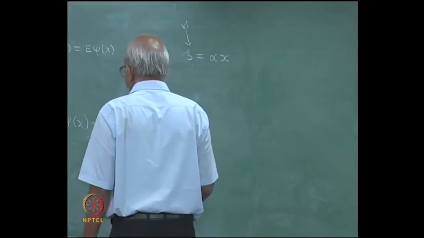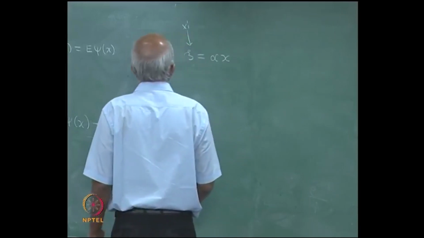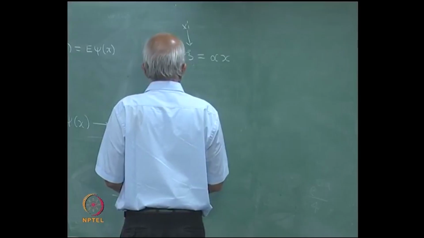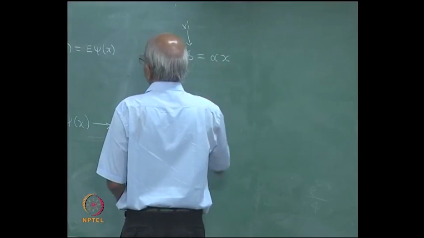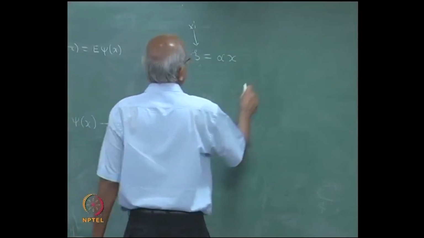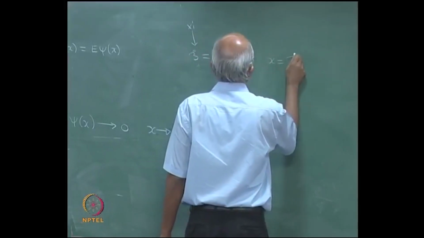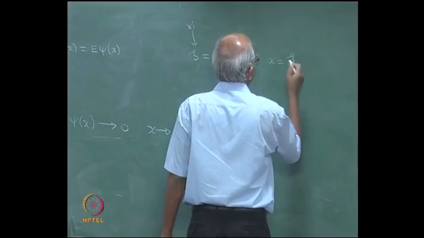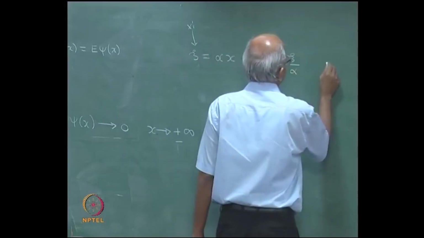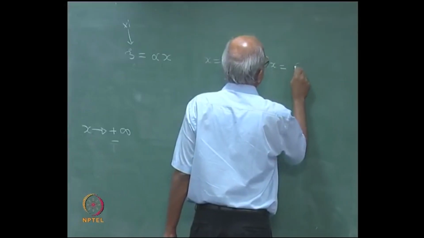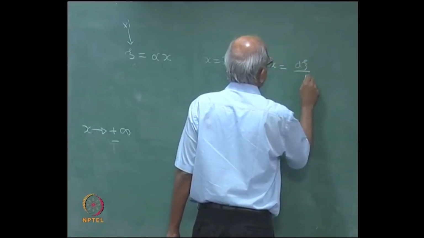That is the way in which I will do it. So, if you introduce such a variable, what will happen? You can say this means that x is equal to xi divided by alpha, and further you can also say that, alpha is a constant, so dx must be equal to d xi divided by alpha.